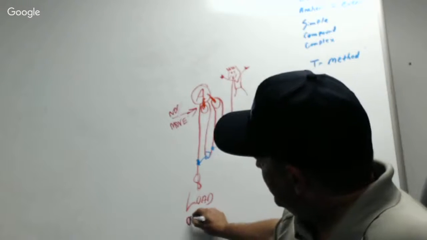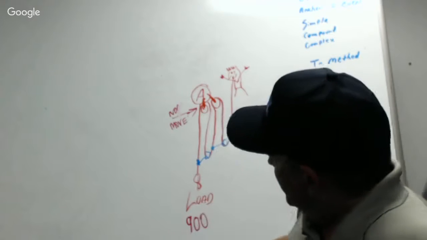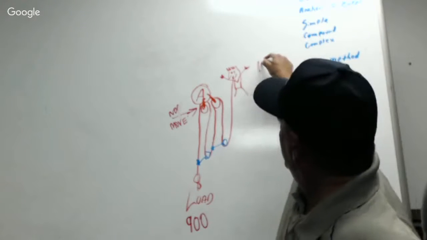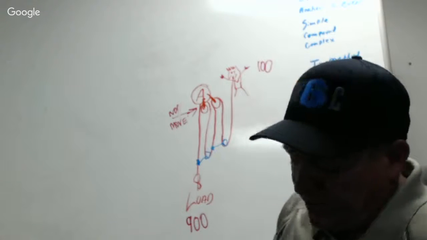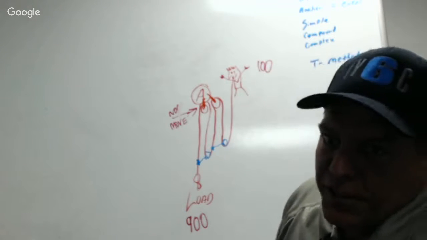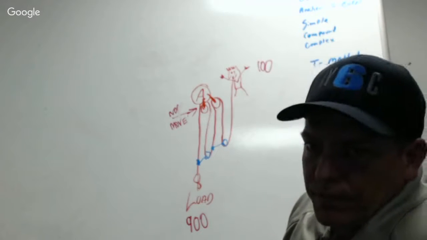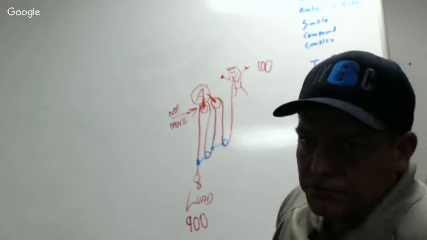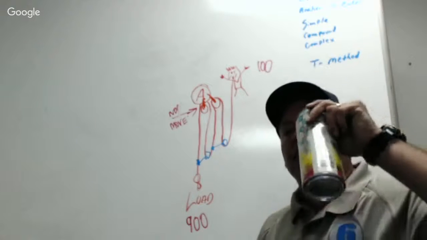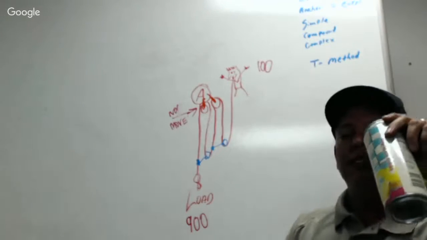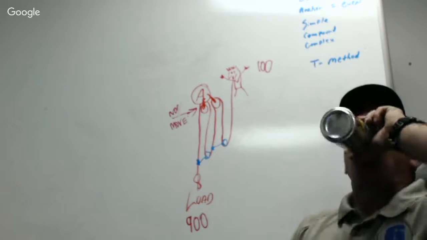So let's just say this is 900 pounds, and he can pull 100 pounds. Is he going to be able to do it? Is he going to be able to pull the rope and be able to actually lift the load?